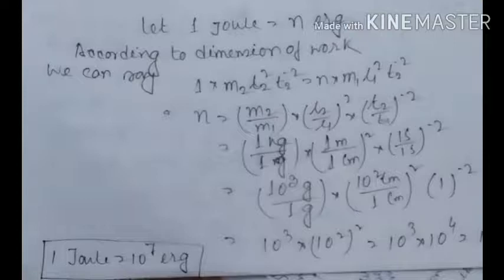According to the dimension of work, we can say 1 into M2 L2^2 T2^-2 is equal to n into M1 L1^2 T1^-2. So we are using the units with respect to dimension. Now we have to find n. This is an easy and natural calculation.